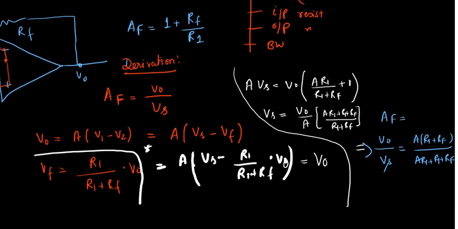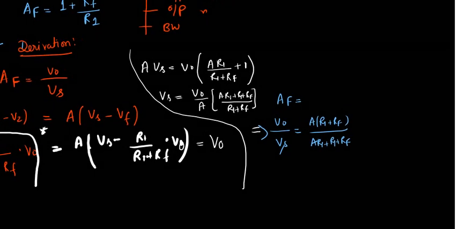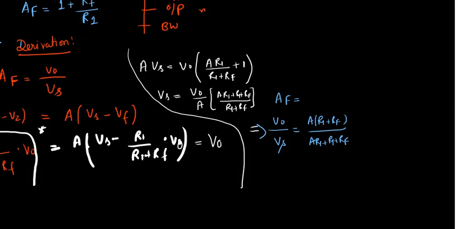Do you agree? That this is your AF, the closed loop gain, or gain with feedback. Open loop it was, so that is why we just call it closed loop gain.